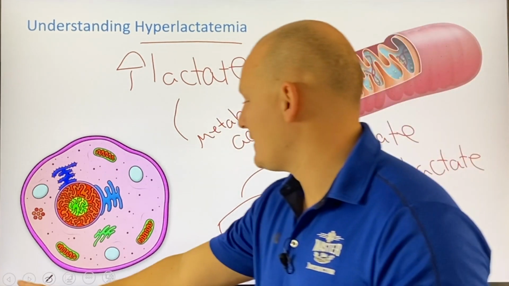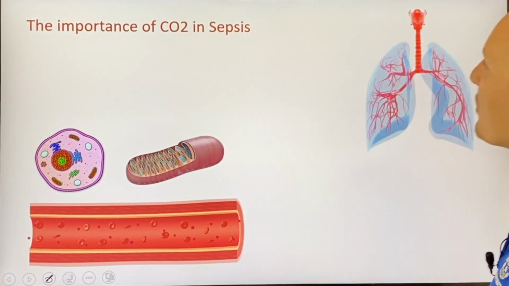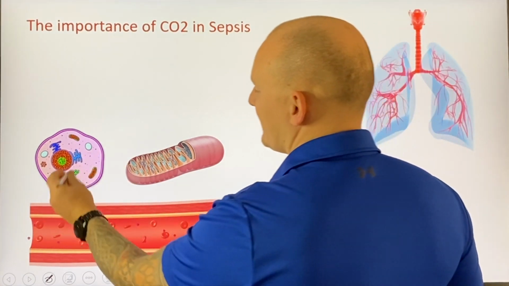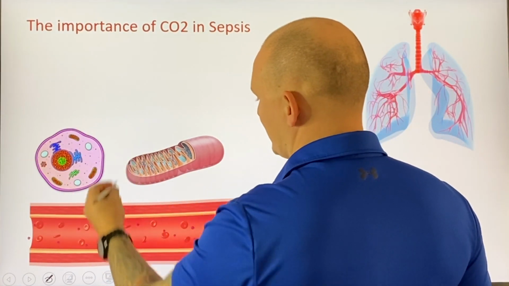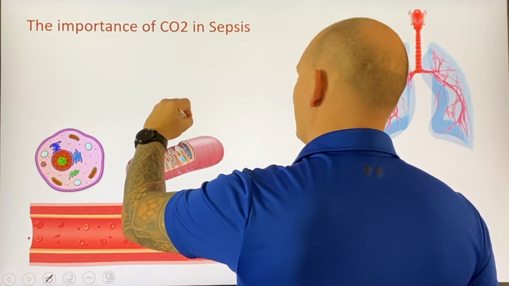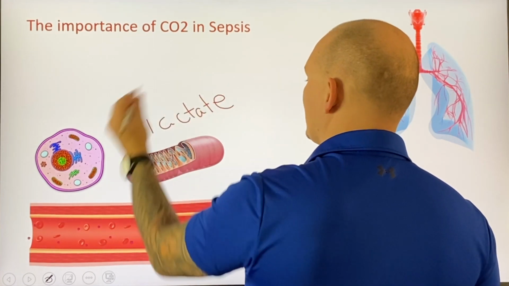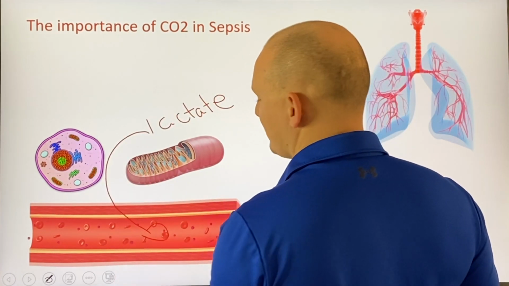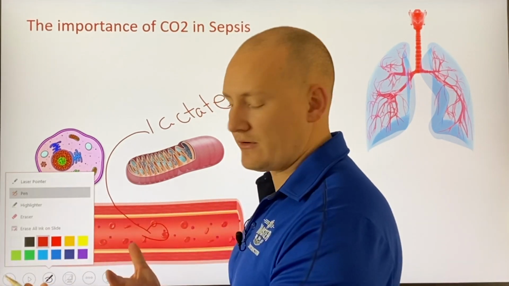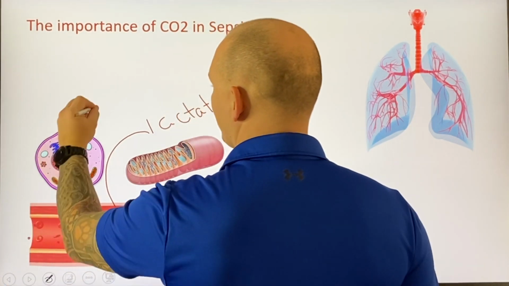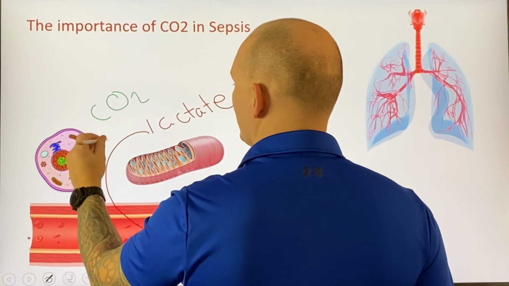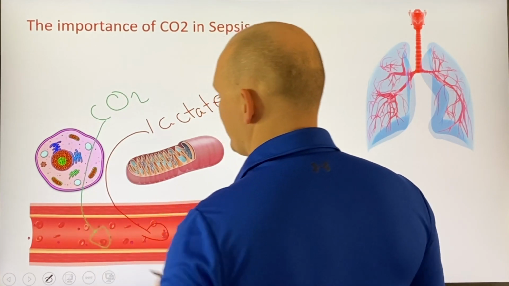Now, where do we see the importance of CO2 in sepsis? Well, we just talked about that: the cells, the mitochondria themselves, are producing lactate, and lactate is now going to end up in the bloodstream. That's what gives us our serum lactate. But CO2 is also going to leak into the bloodstream as well.